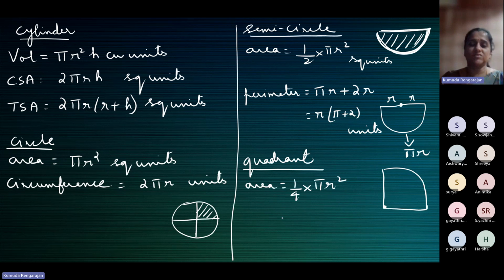Pi r square is the area of the circle, and the quadrant occupies 1/4 the area of the circle. This one is a quadrant. So the area of the circle is pi r square, and 1/4 of it will be pi r square by 4 square units.